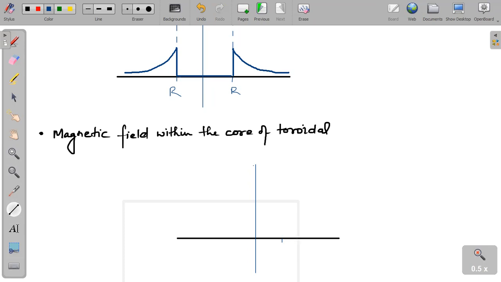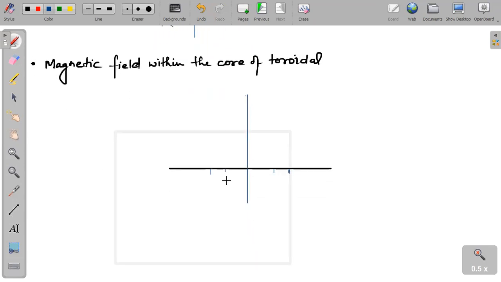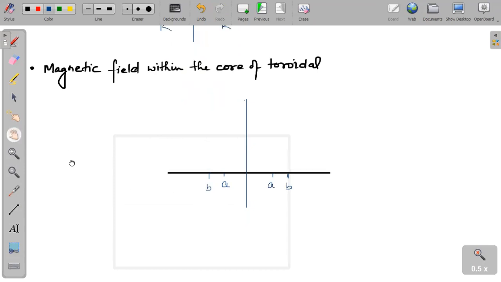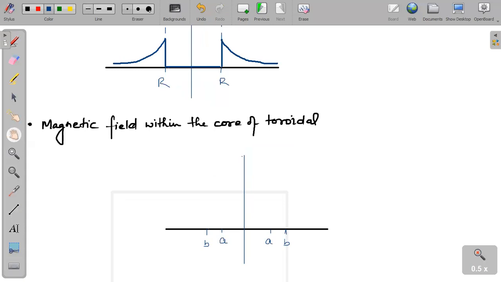marking internal radius, external radius. So this might be internal radius A, external radius B. So toroid जो है हमारा that is going to look something like this.